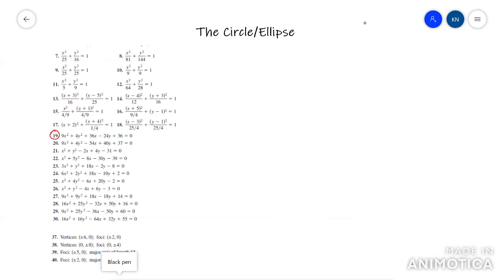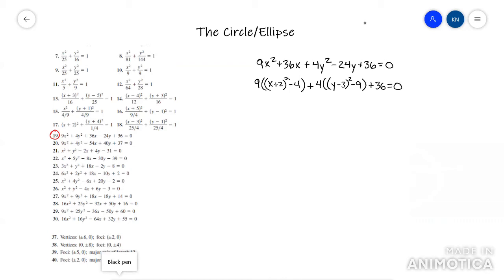I'm going to group it, then GCF both of them and complete the square. I'm going to redistribute.